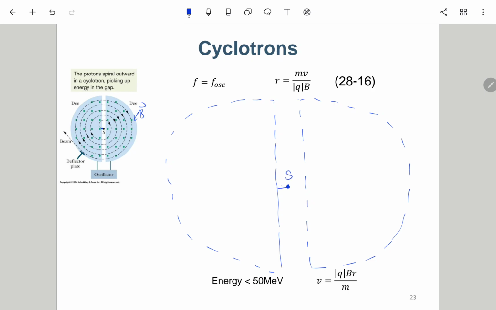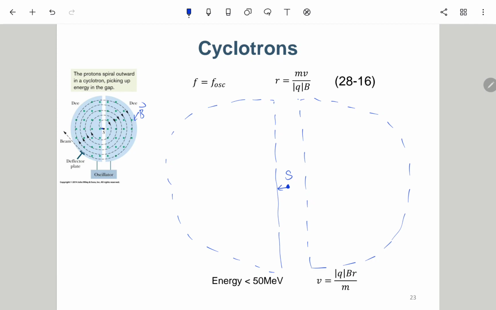It tries to generate a particle, let's say moving to the left side. We may assume it is a positive charge or negative.